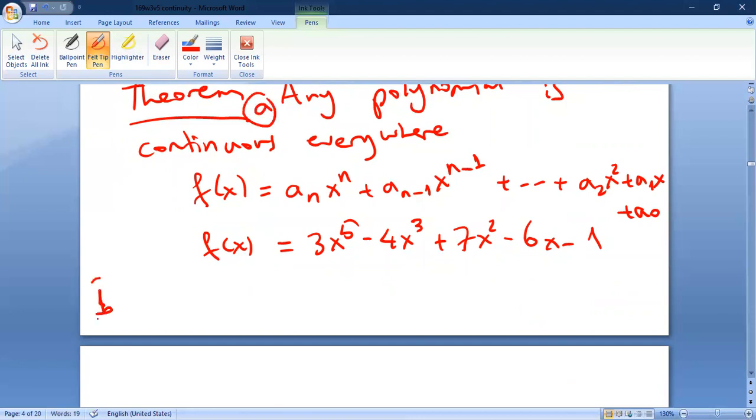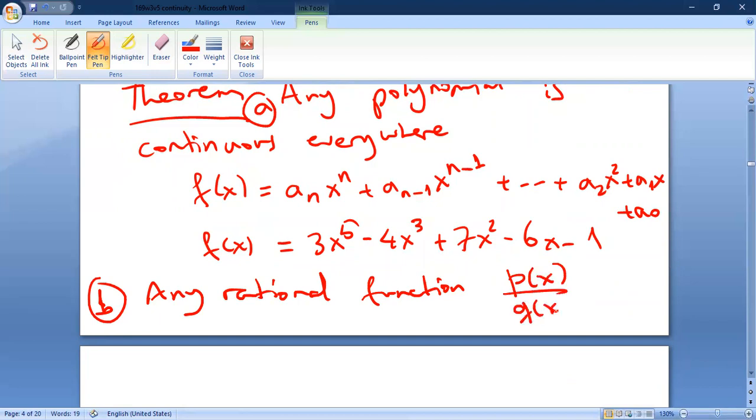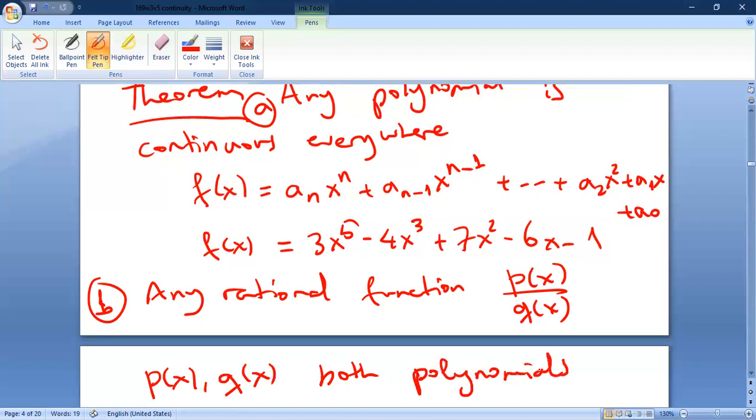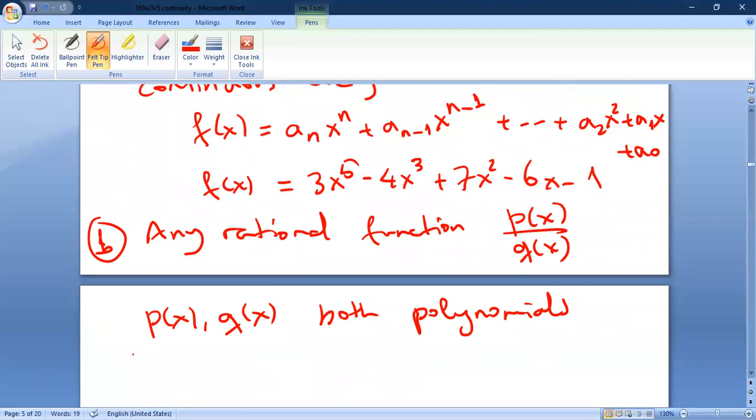And the second part of the theorem is any rational function. Remember, a polynomial over a polynomial, p of x over q of x, where p and q are both polynomials, is continuous wherever it's defined.